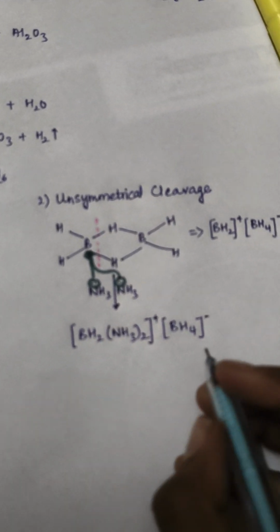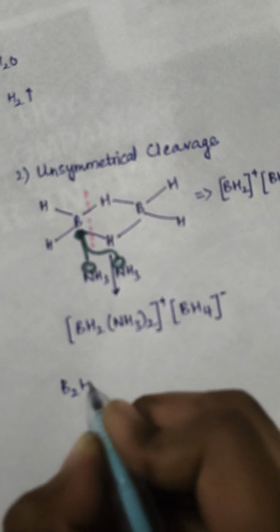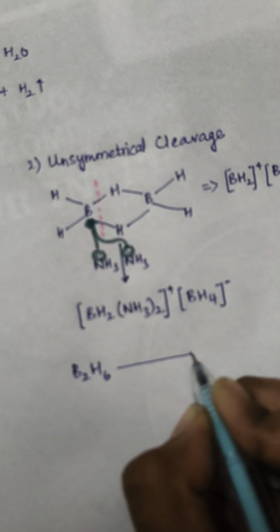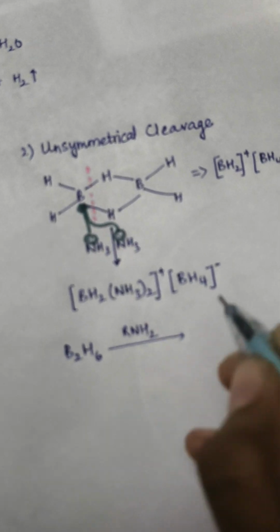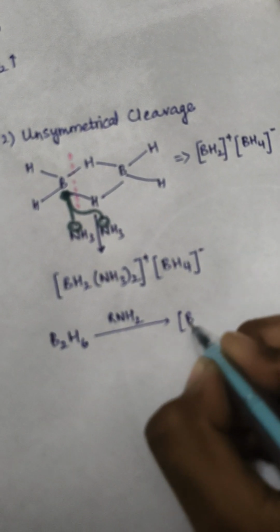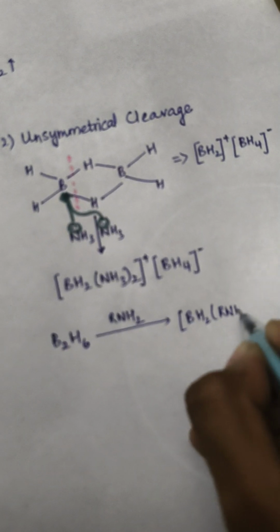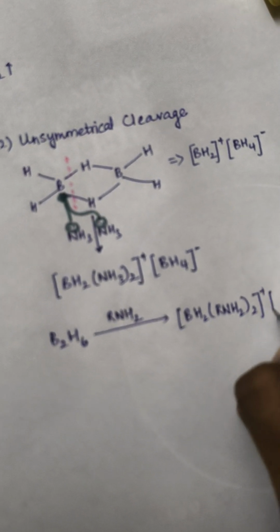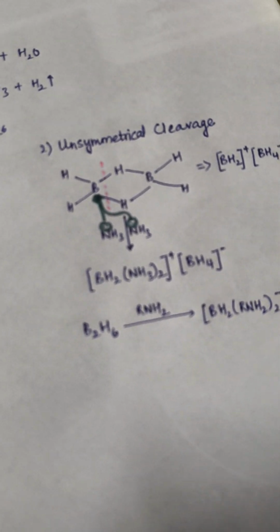And this is also the same for B2H6 in the presence of RNH2, that is BH2(RNH2) taken twice positive, BH4 negative.